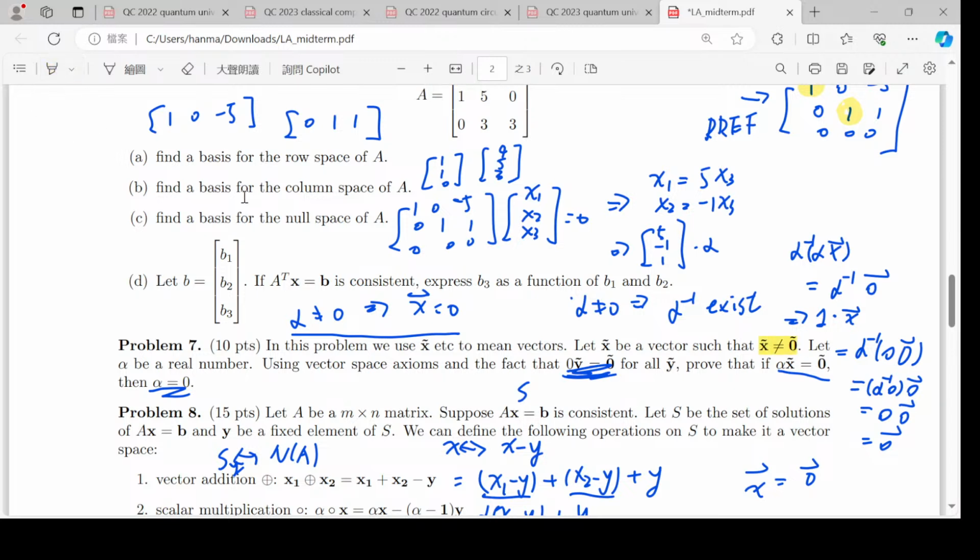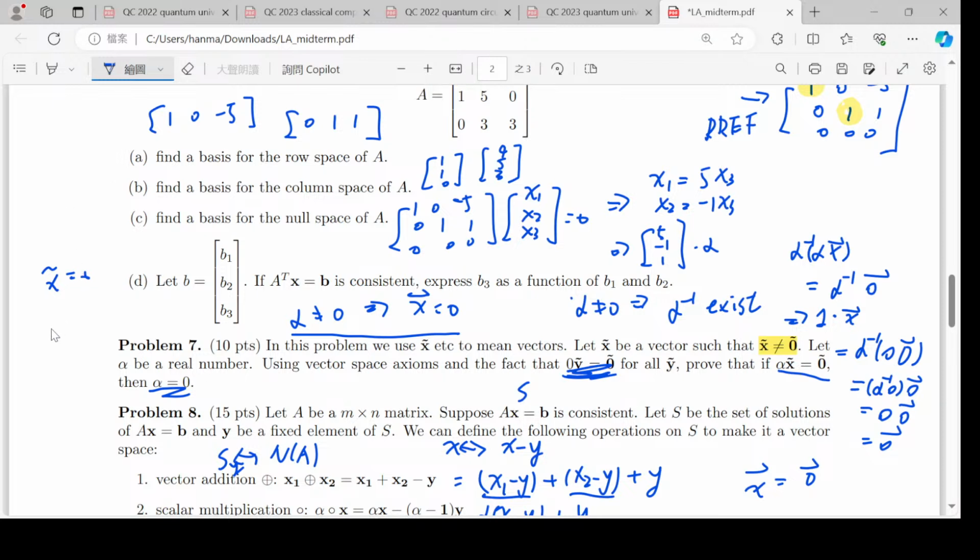People have the idea that alpha x equals 0, then alpha must equal 0, but that's not true, right? Because if x equals 0, then alpha x equals 0 for any alpha. So this is not unique.